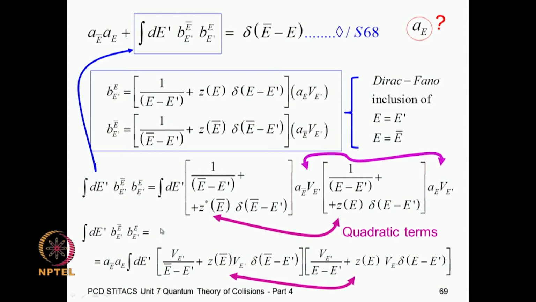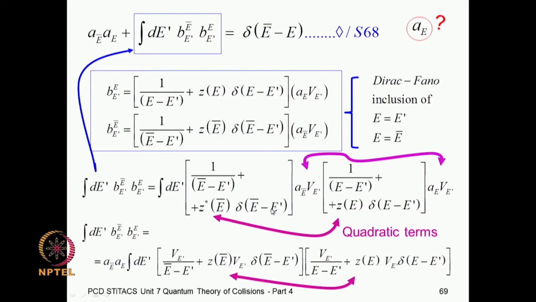So, you have the AE bar and AE over here. The AE bar comes here, the AE comes here, the VE prime is inside because it is under integration, so it does not come out. And then you have two terms over here. The VE prime remains under the integrand. So, you get VE prime over E bar minus E prime here. Then you have got this second function.